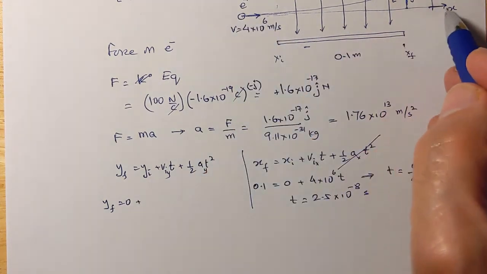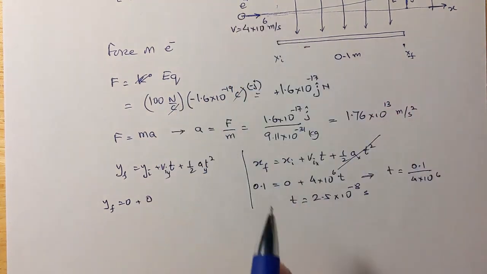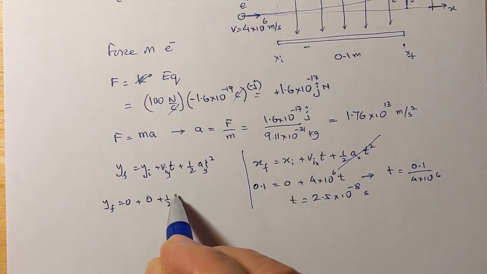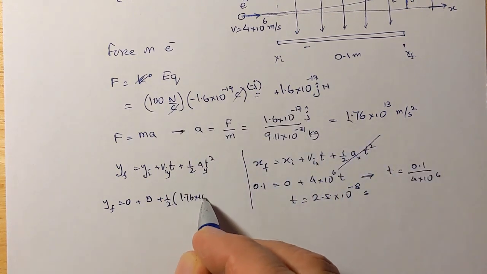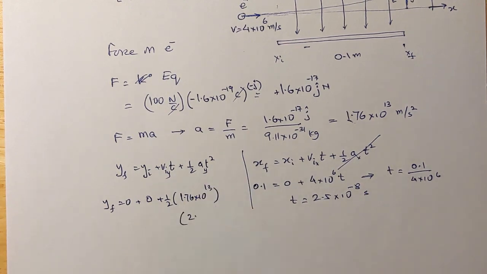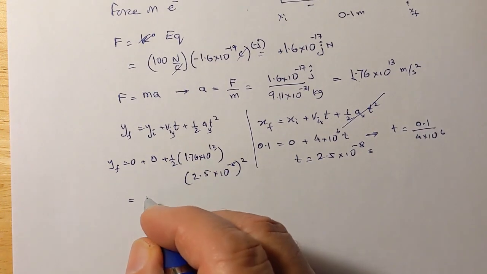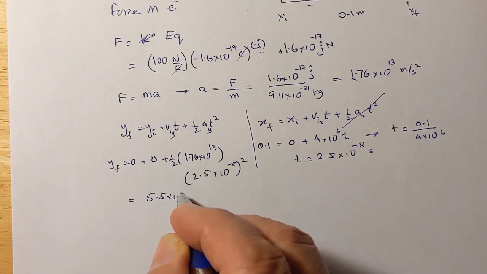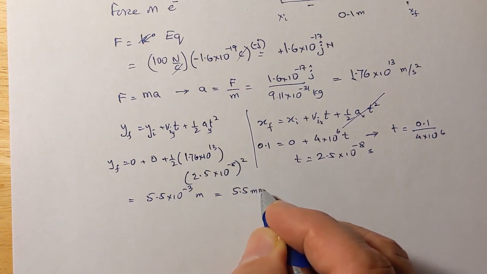If you take y initial as 0, v initial y is 0 because it is purely in the x direction, plus half acceleration, which is 1.76 into 10 to the power 13, and the t is 2.5 into 10 to the power minus 8, whole squared. That comes to 5.5 into 10 to the power minus 3 meter, or 5.5 millimeters.